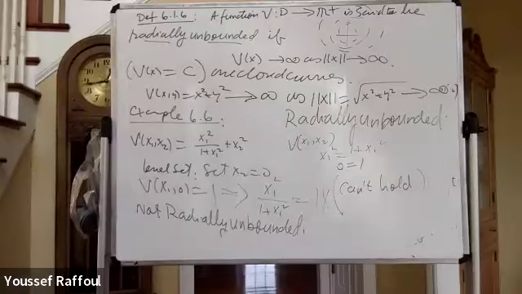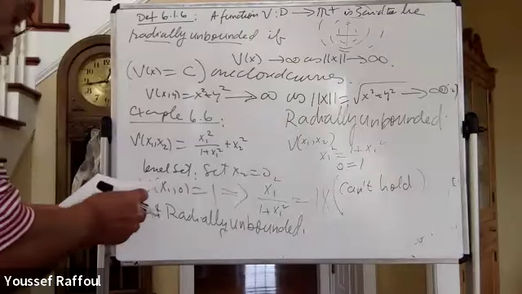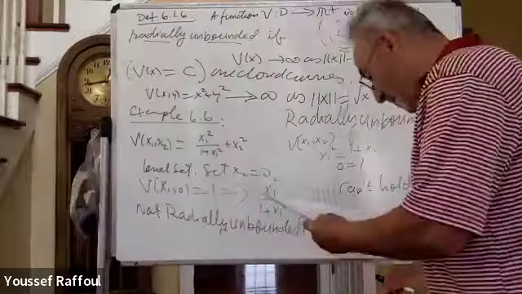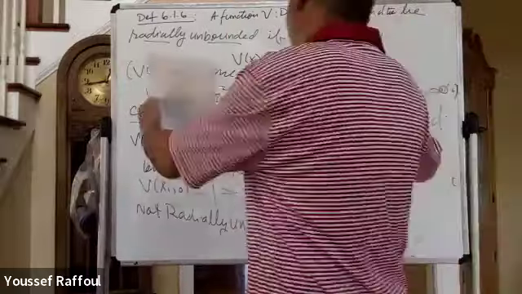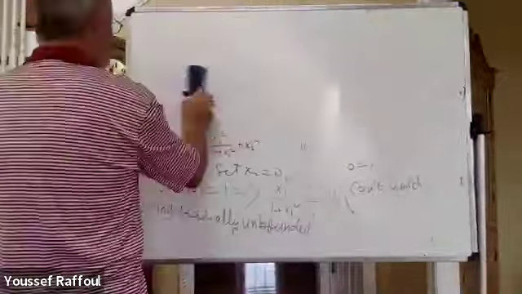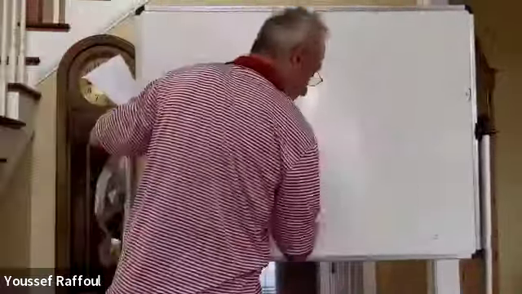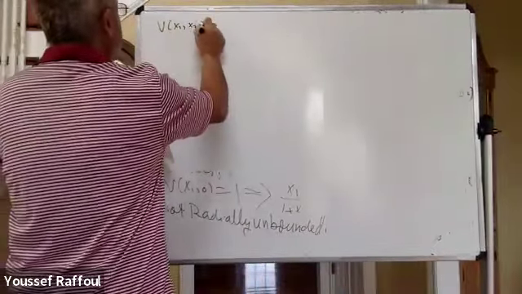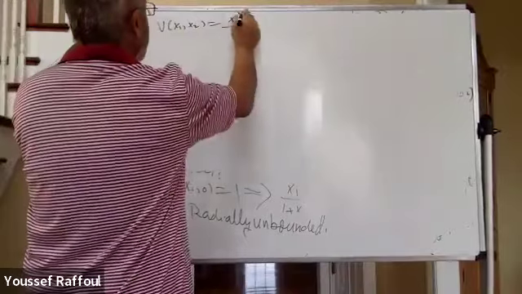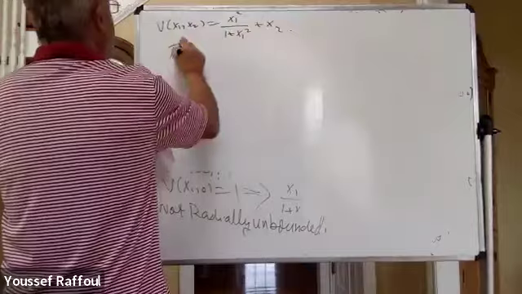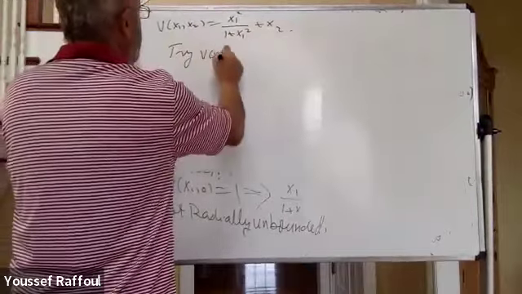Now, let's try the norm. So again, we have v of x1, x2 equals x1 squared over 1 plus x1 squared plus x2 squared. So let's try the concept.